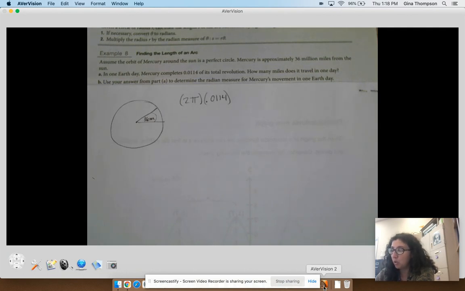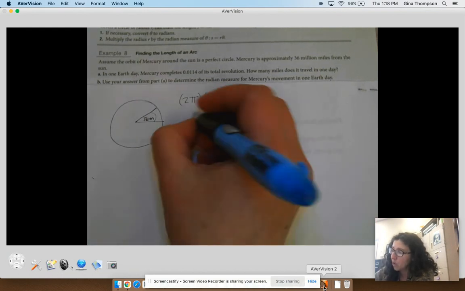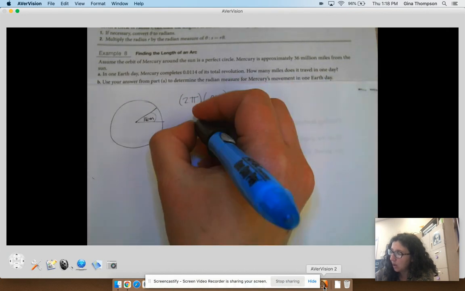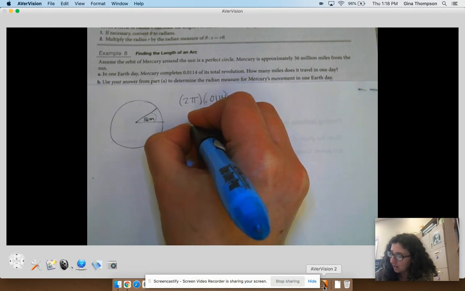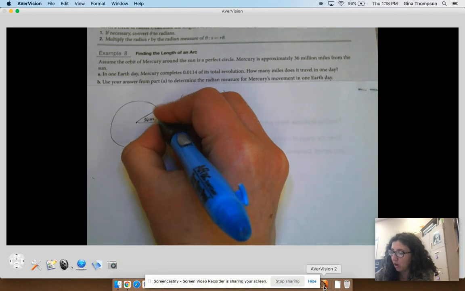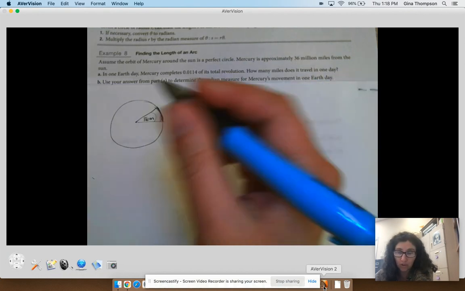So how many miles does it travel in one day? We can do it two ways. I'll show you the way that I think about it, and then we can just use the equation they gave us. Either way works. So I like to think, how many miles does it travel in one day? Well, the ratio of its arc length, S, right? That's really what it's asking us. How many miles is this? What's the arc length? That's how much it travels along that circle.